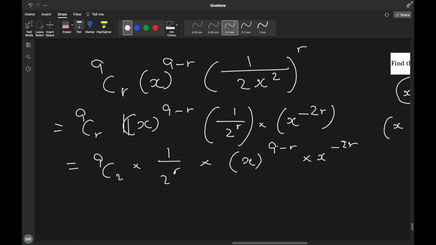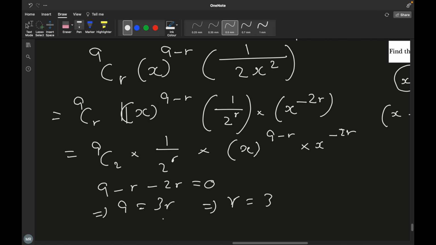We know that this will be 0 because it's independent of x. And if we have this, we can write this as 9 minus r minus 2r is 0, because of the property of indices that you just add these two. So this is going to be 9 equals 3r, which implies r equals 3.